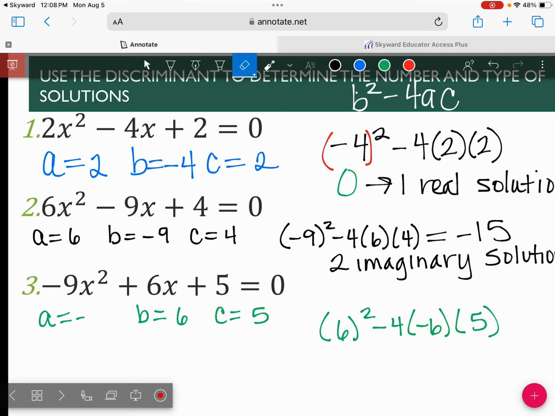Let me fix that immediately. -9. So A is -9, B is 6, C is 5. So it's B squared minus 4 times A times C. Go ahead, type that in your calculator and see what you get.